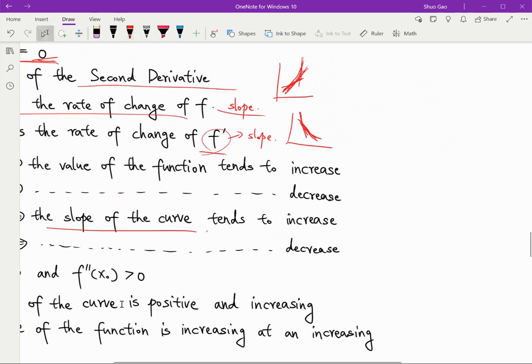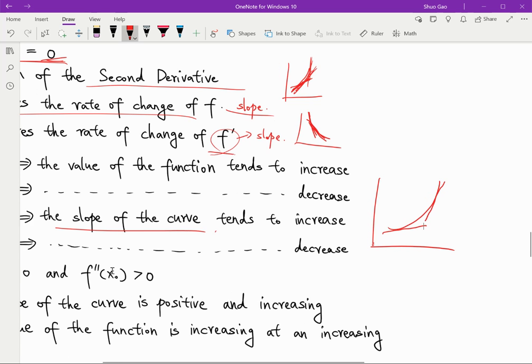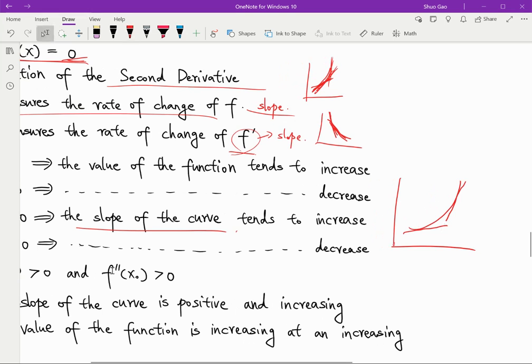So for example, if I draw a graph like this, here the slope is like this, and then here the slope becomes steeper, right? Because the slope is a positive number, maybe here the slope is 1/4, just as an example, and here the slope becomes 4, a larger positive number.